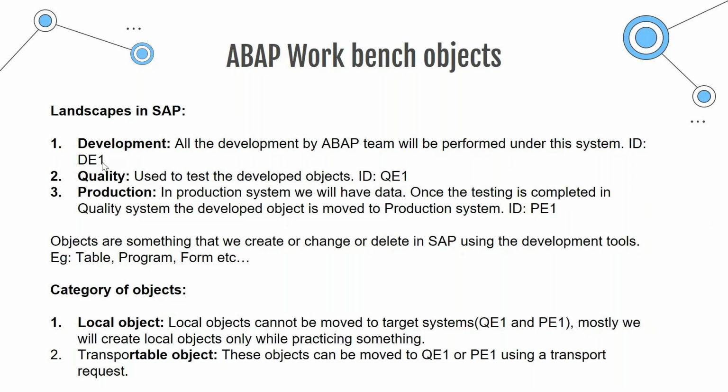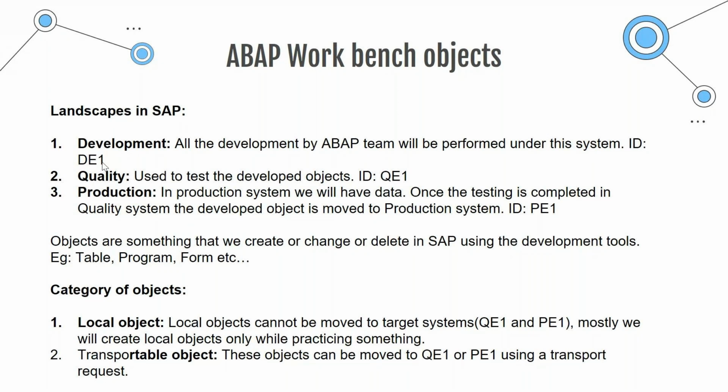Now let's consider one more scenario. Let's say your functional team or your user tested it in the quality system and found a bug in the program. They will reach back to you stating that this scenario is not working. There are some scenarios they are testing, out of which one did not work.